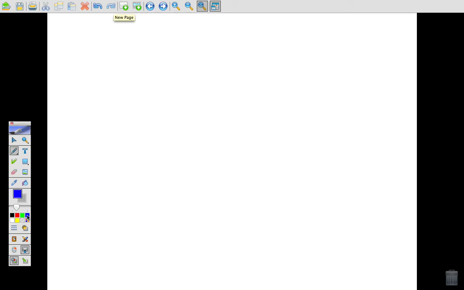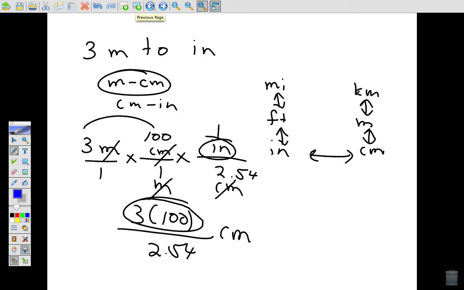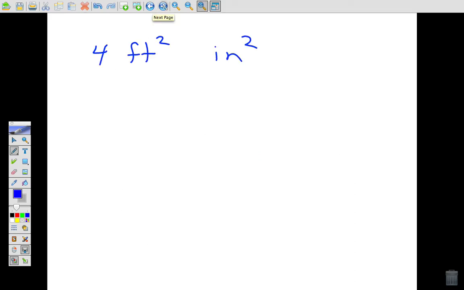Eventually, we went to conversions of area. For example, if we had 4 feet squared, and we wanted to change that to inches squared. We're going from feet to inches, so that's 1 unit multiplier, but feet squared, or square feet, remember we can also write this as square feet, it means the same thing, or square inches.